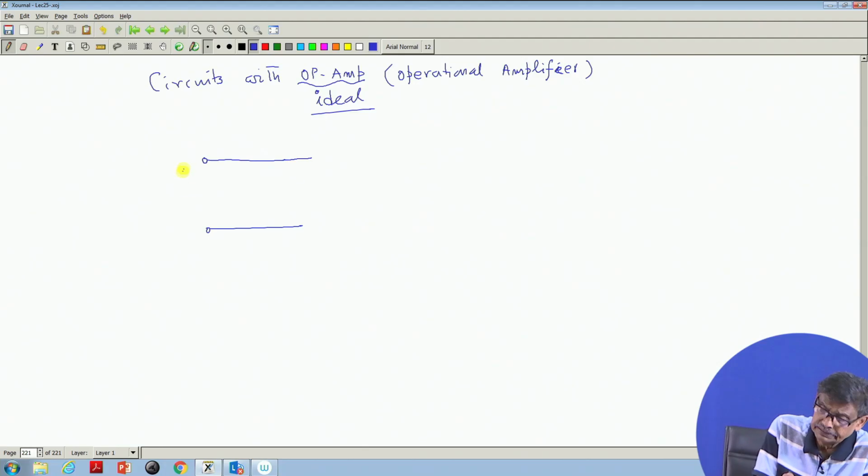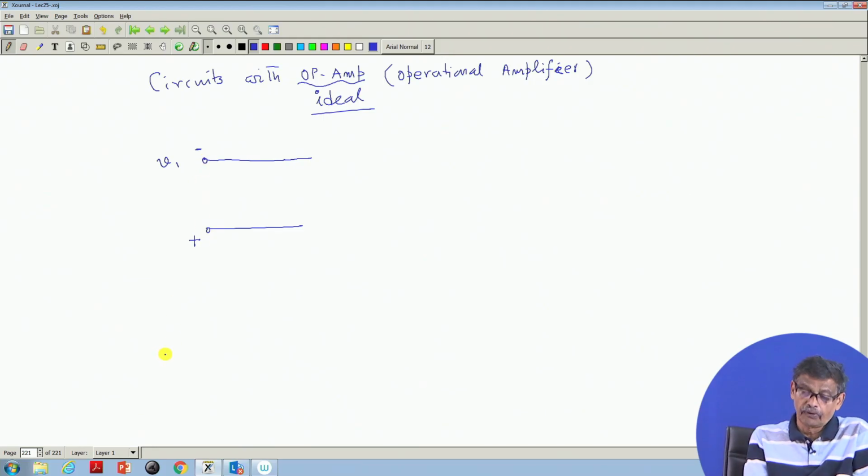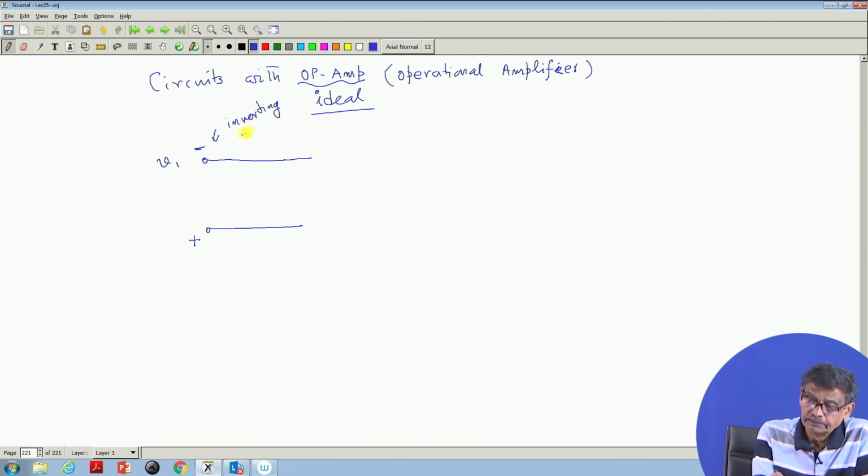And this voltage, if you apply V1 here, is often called... like this: two input points where input signals can be connected, and this is called the inverting terminal, and this is the non-inverting terminal.